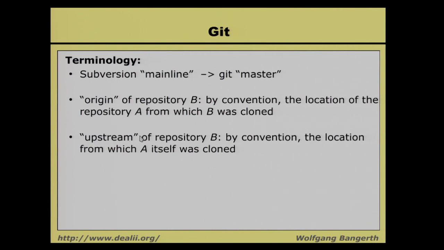You can think of A as the parent of B, and upstream being the grandparent of B. These are, again, things that can be changed. What I consider upstream might for somebody else be just another repository. These are just terms that allow us to flow patches from one repository to another.